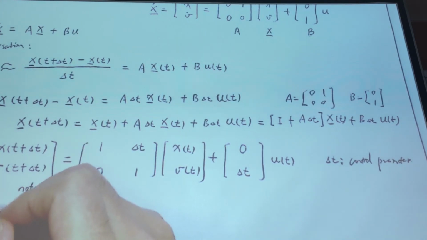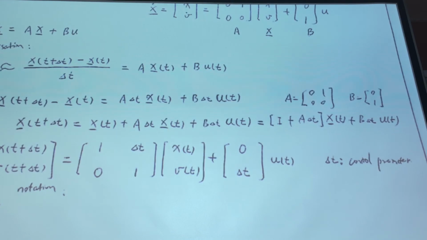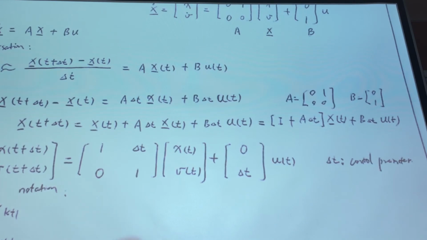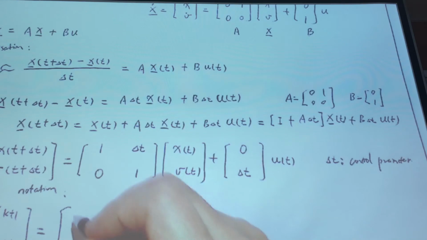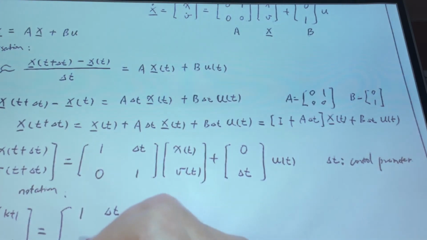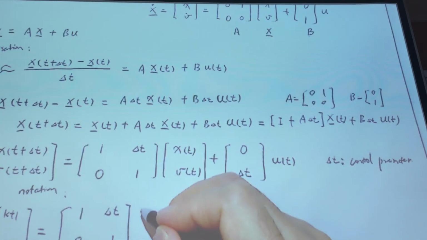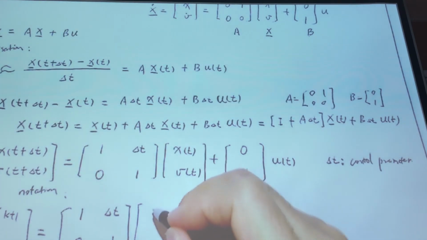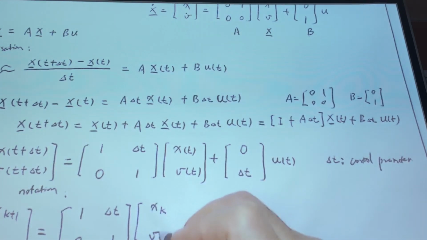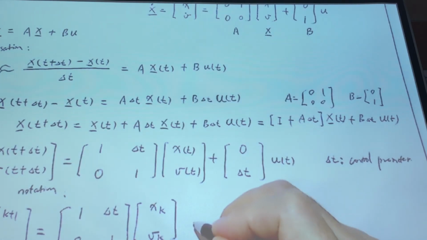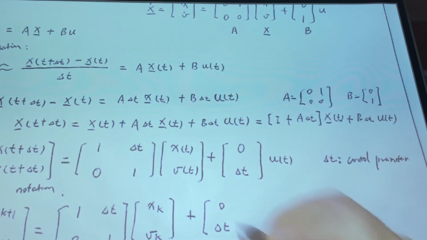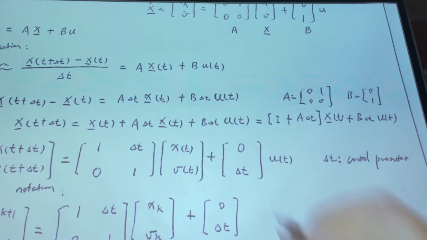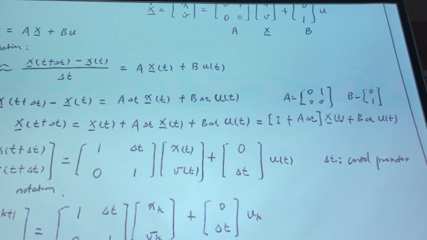we may have x k plus 1, v k plus 1 equal to the matrix 1, delta t, 0, 1, multiplied by xk, vk, plus 0, delta t multiplied by uk.